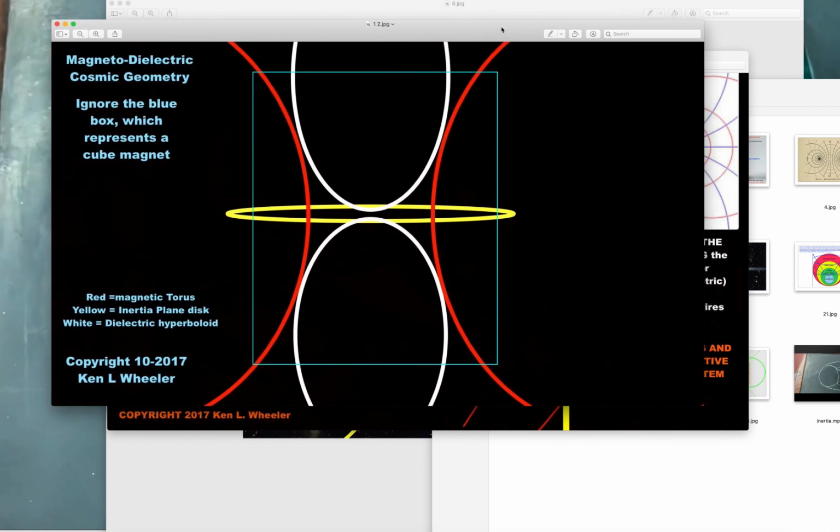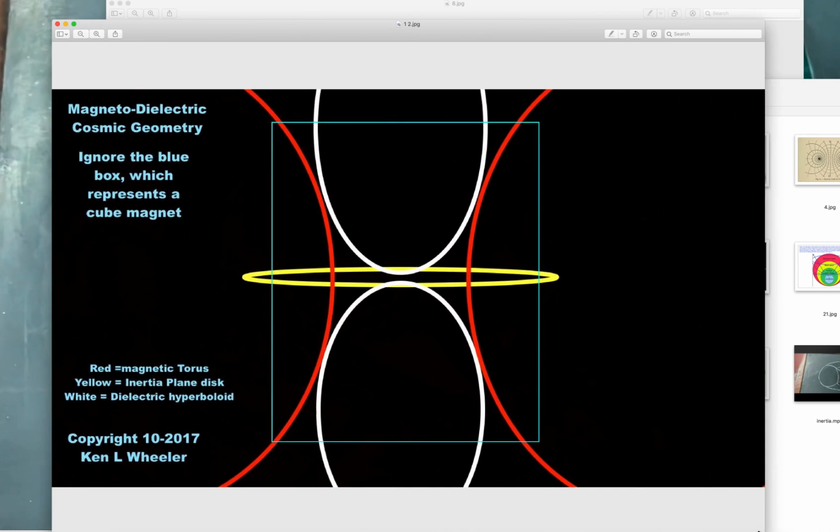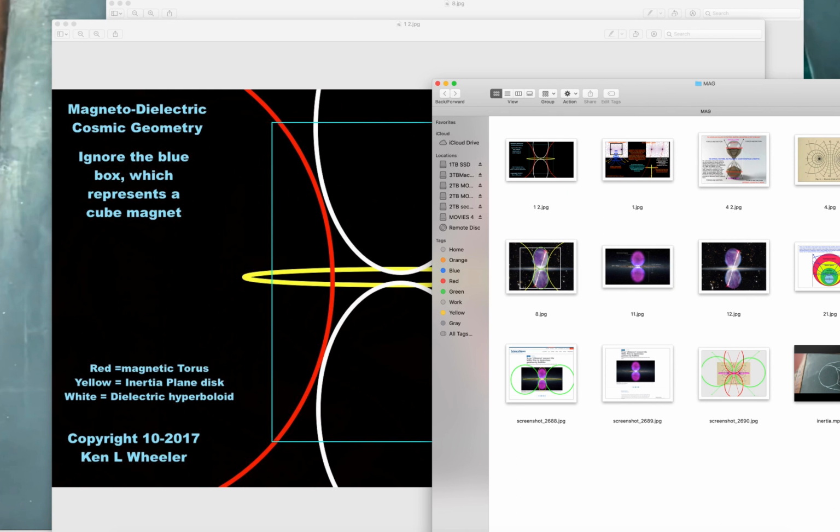And once again, to drive the point home even further, the cross-section of a magnet here in this thin blue line, the hyperboloidal geometry, the toroidal geometry of the plane of inertia here in white, the cross-section of the magnetic centrifugal divergent geometry here in red, and of course the plane of inertia here as a yellow oval at the center.